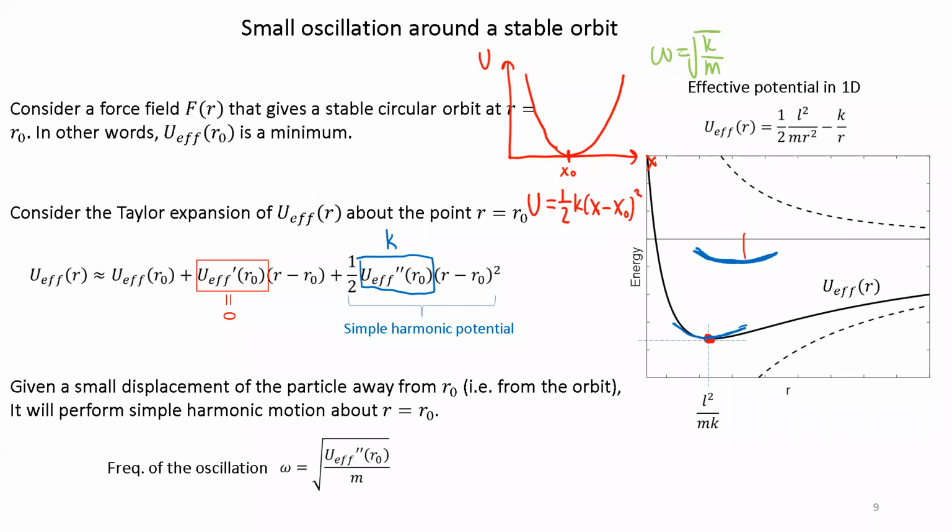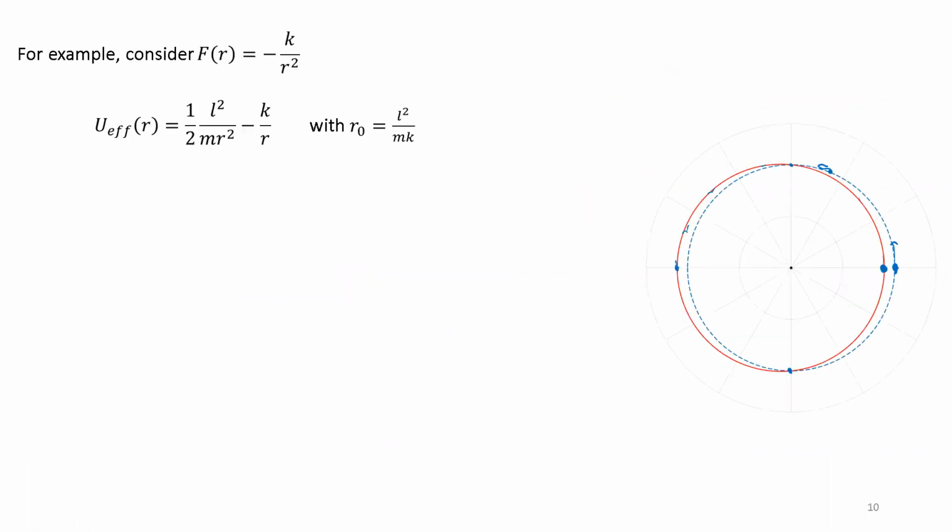So then let's do an example. Again, using the one that we are already familiar with, I have this 1 over r squared, then this is the effective potential, right? So take the second order derivative, which we have done already.